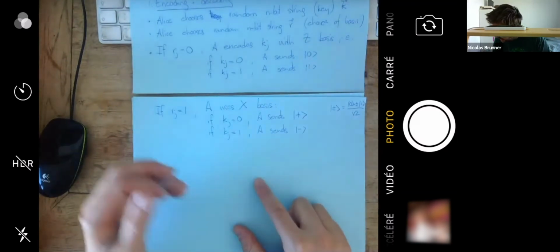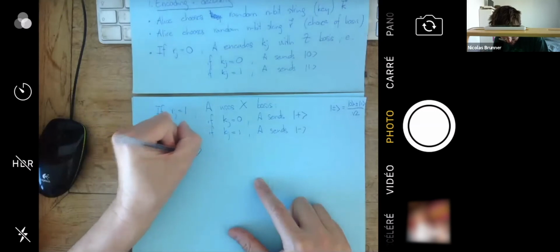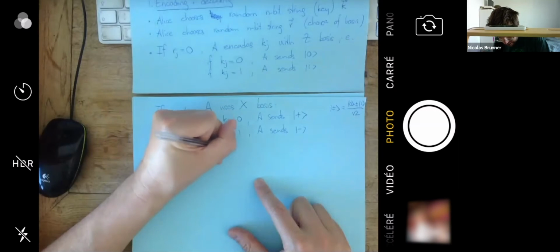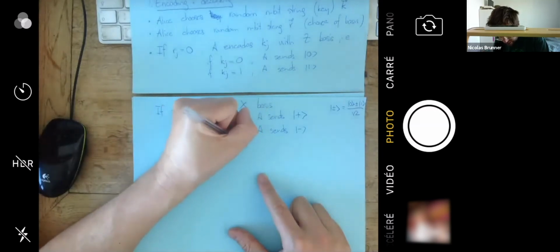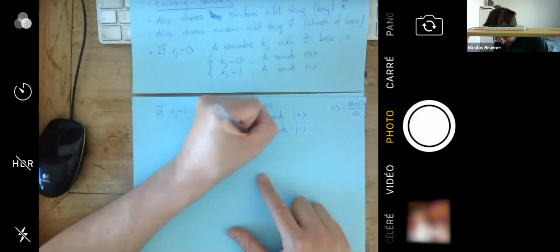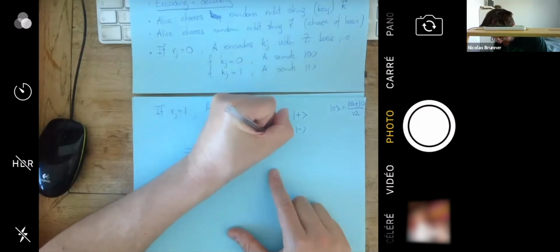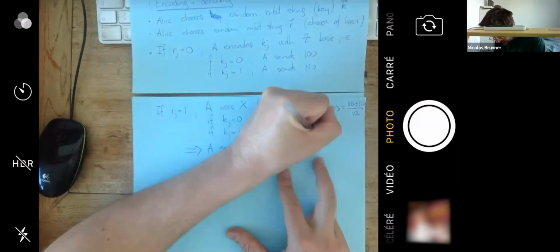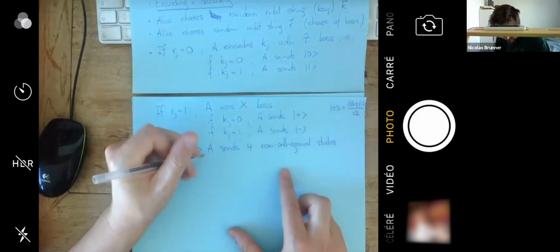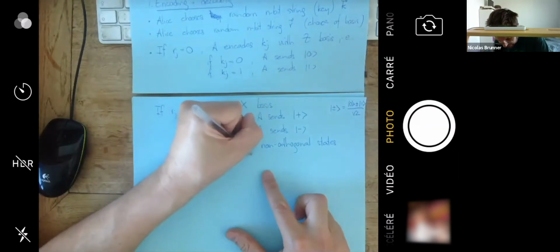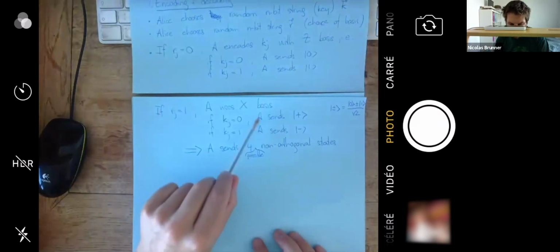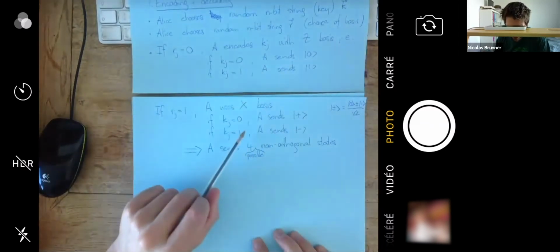Now here we have something important to notice. A sends 4 non-orthogonal possible states. In each round, of course, she sends 1, which one is determined by these different variables here.